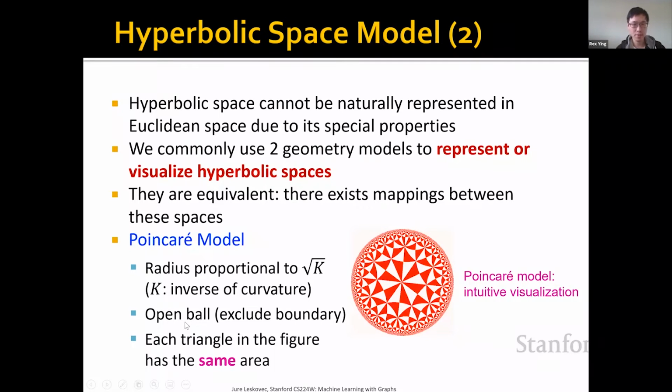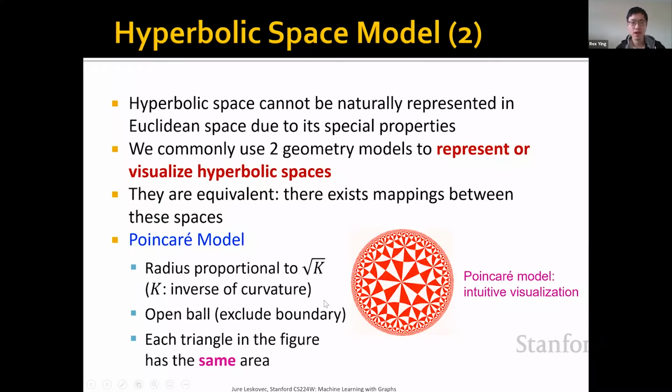The important property here is that each triangle in the figure has the same area. Again, it's not very intuitive in Euclidean space, as all the triangles in the middle seem to have a larger area under the Euclidean metric, but every triangle here actually has the same area.